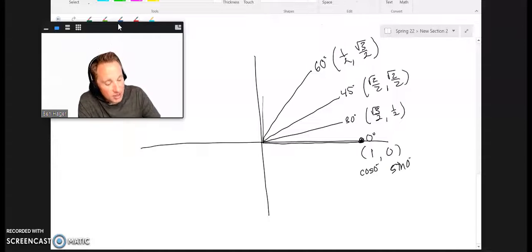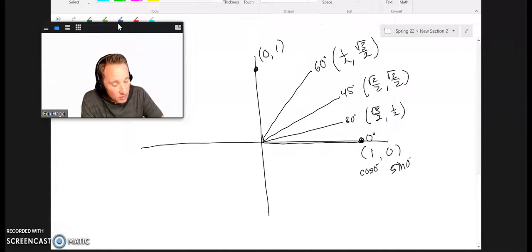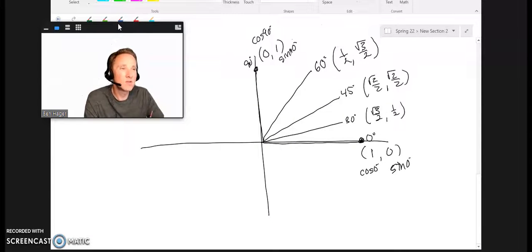And up here at 90 degrees, that ordered pair must be the point 0, 1. Again, I can only march a distance of 1 unit from the origin, so at 90 degrees, cosine is 0 and sine of 90 is 1. So I can quickly get those quadrantal angles, any angle that's a multiple of 90.